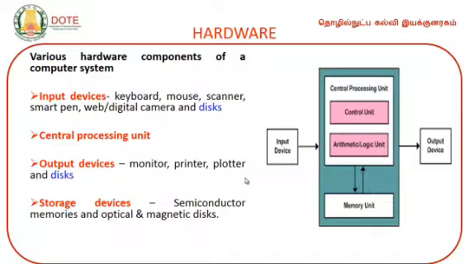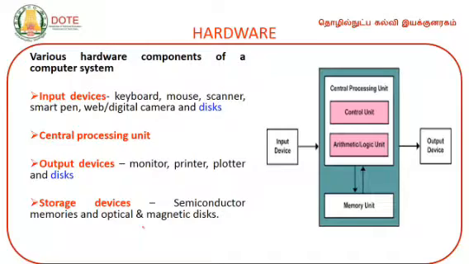So, input means giving data into the system. The other major part of the computer is the CPU. This central processing unit is the brain of the computer. It has a control unit, arithmetic and logical unit and memory unit.